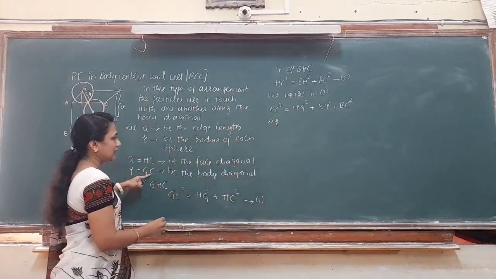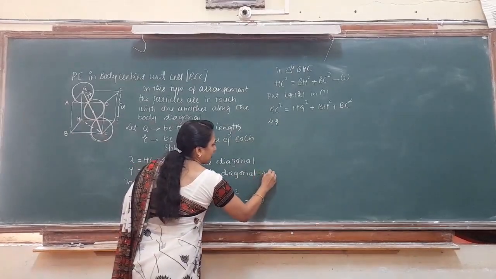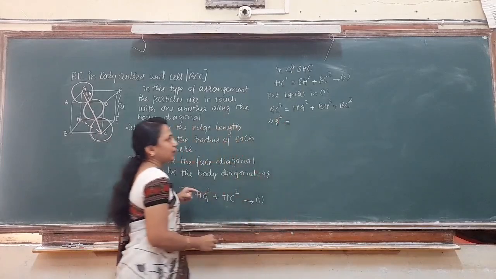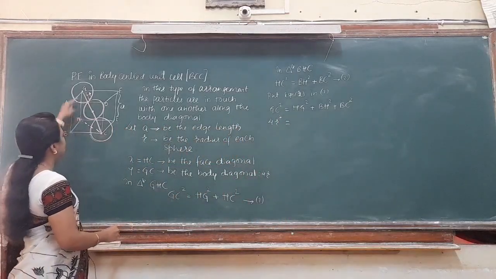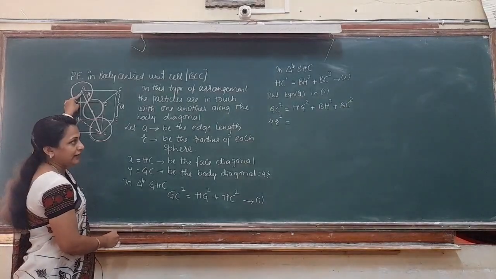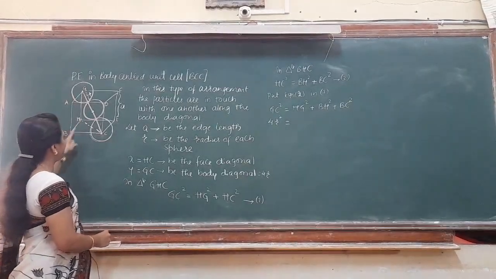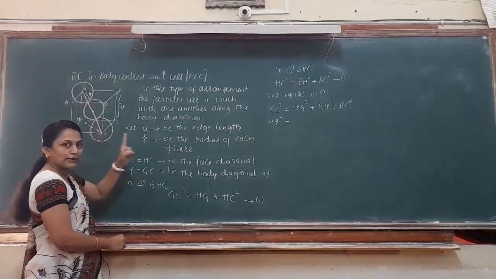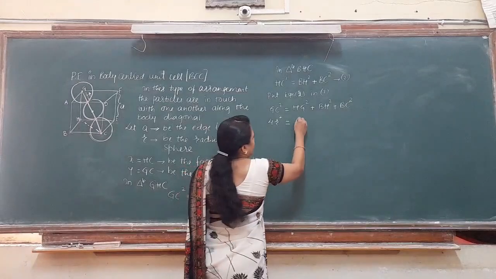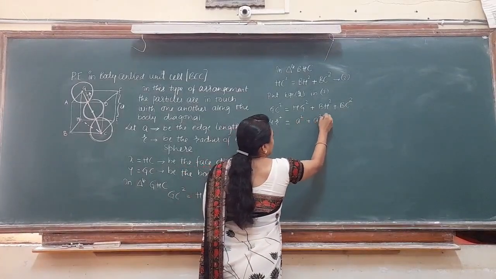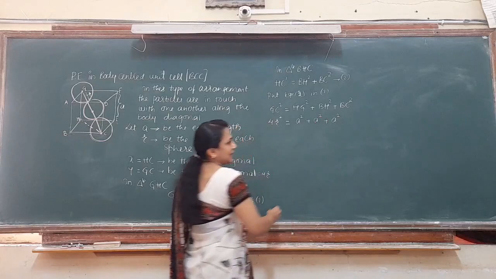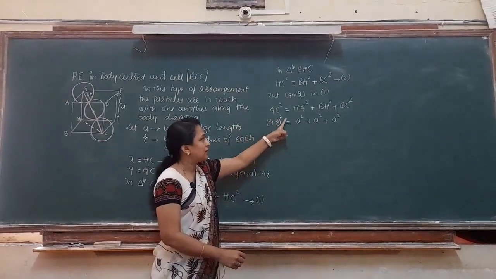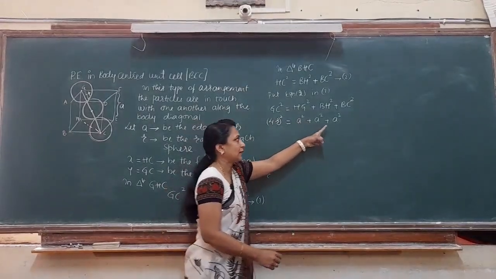So 4R square is equal to HG square plus BH square plus BC square. HG, BH and BC are all edge lengths, so all of them are A. So 4R square is equal to A square plus A square plus A square.